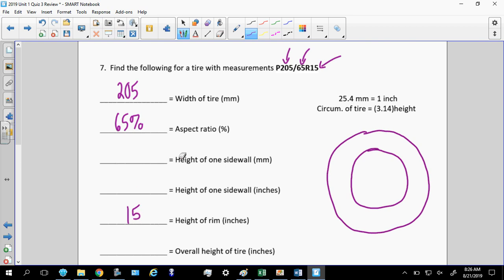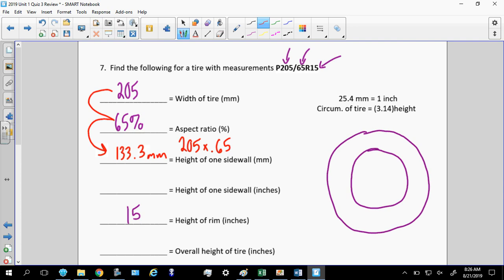Now, the height of one sidewall. Well, if you remember, you take the 205 times 65% to get that. So if you need to see the work, 205 times 0.65 gives you 133.3 millimeters.